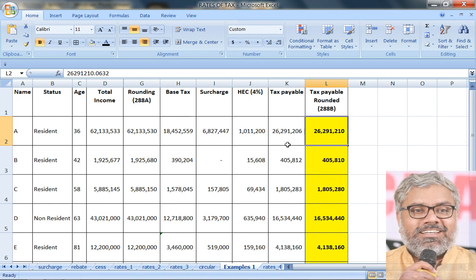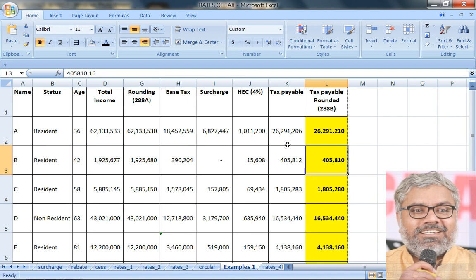After rounding, final answer is 2 crores 62 lakhs 91,210. That is the answer for first bit A. Name of the SSC is A, resident, a normal aged resident, and final answer is that.